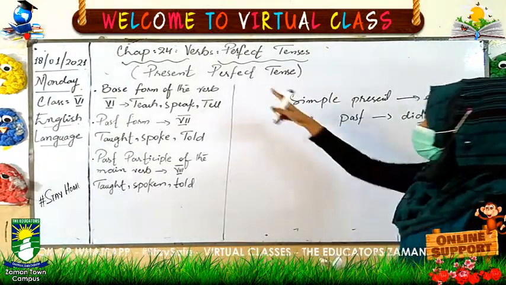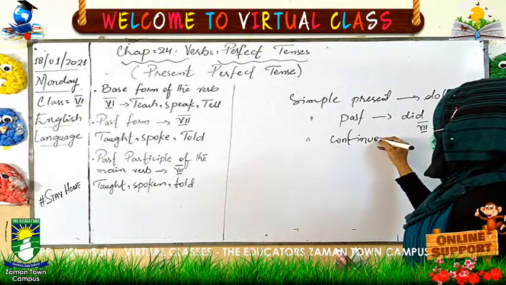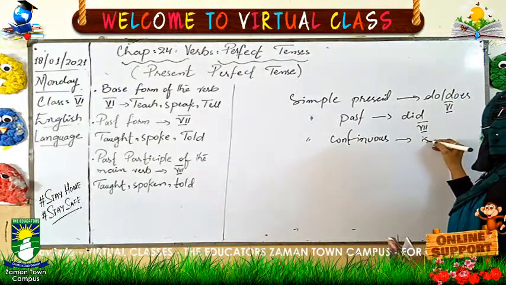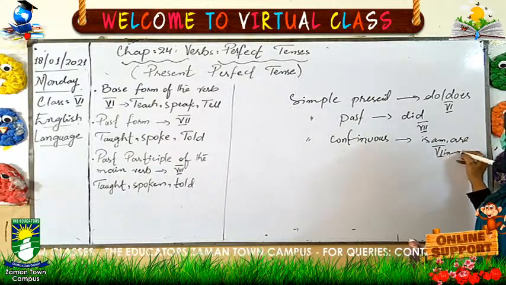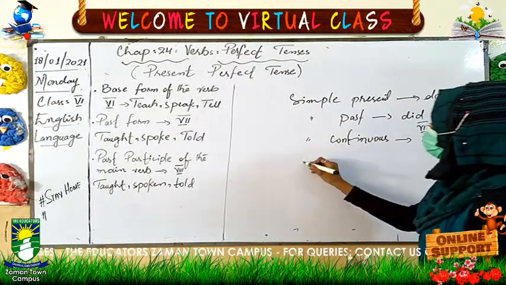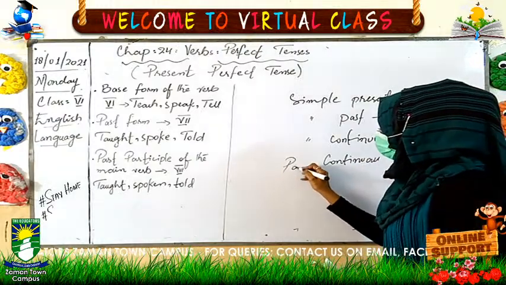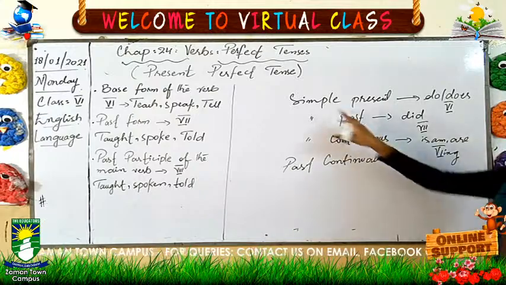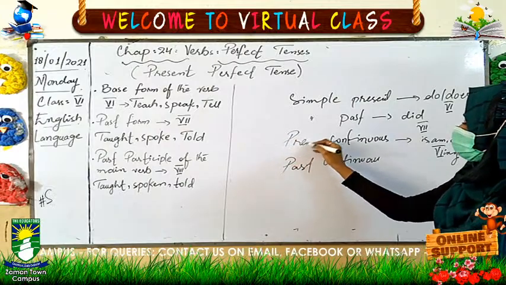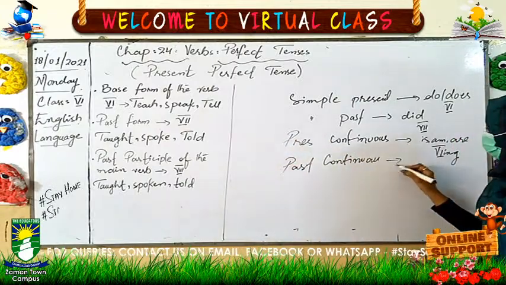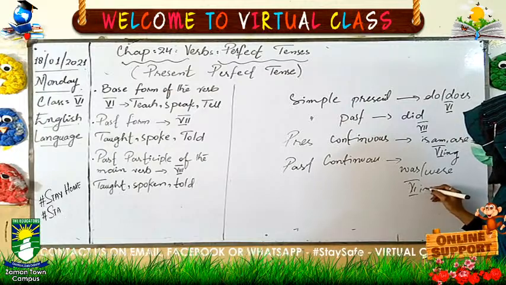Then present perfect we have done. Present continuous: is, am, are and verb with ing, first form of the verb with ing. Similarly, we are going to have past continuous: was, were and verb with ing. Same form of the verb we have done.